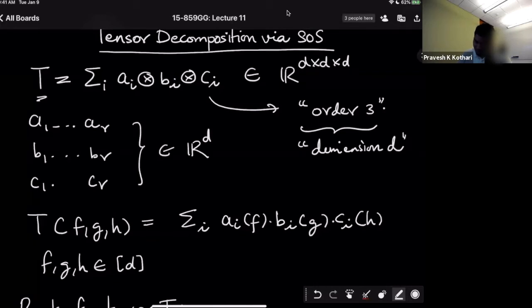While we are discussing basic terminology, for each of these vectors, the positions are important. So a_i tensor b_i tensor c_i is not the same as b_i tensor a_i tensor c_i, and the other permutations I can generate. In order to identify these permutations, I might use the following kind of language. I would say, for example, the first vector in one of the terms, I'll call it the first mode of the tensor.